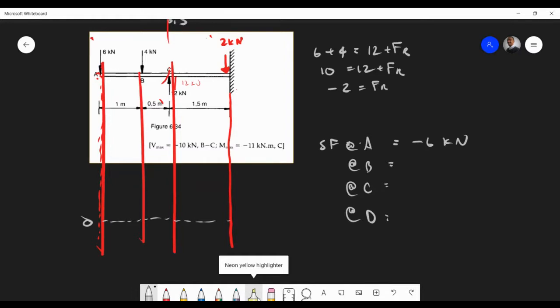What's my shear force at B? Minus 10. Yep, minus 10, beautiful. At C, don't make this difficult, please. Positive 2. Beautiful, Mr. Manus. And then at D, what's going to be? 0. Fantastic. Exactly.